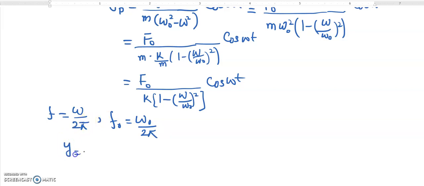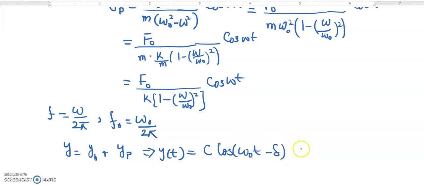The general solution is equal to the homogeneous solution plus the particular solution. Earlier we have seen, in the case of free oscillations, the homogeneous solution can be represented by this equation: c times cosine of omega naught t minus delta.